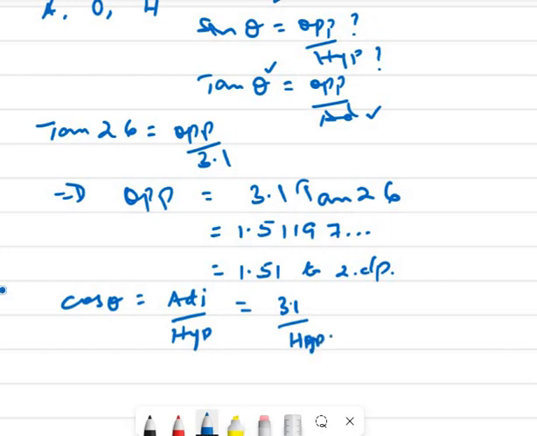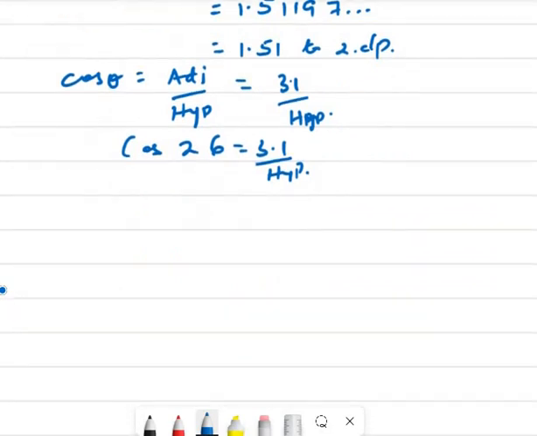And you would see that if cos 26 is equal to 3.1 over the hypotenuse, then multiplying both sides by the hypotenuse, we find that the hypotenuse would be equal to 3.1 over cos 26.